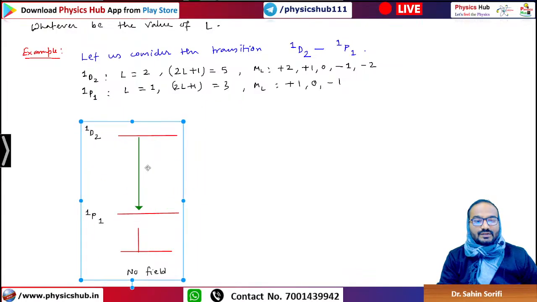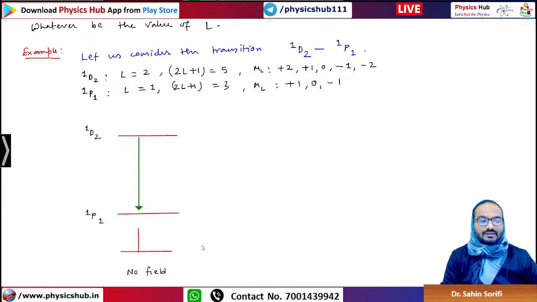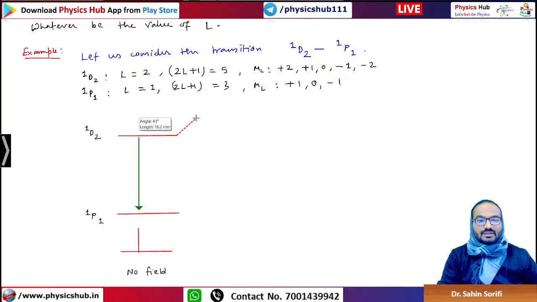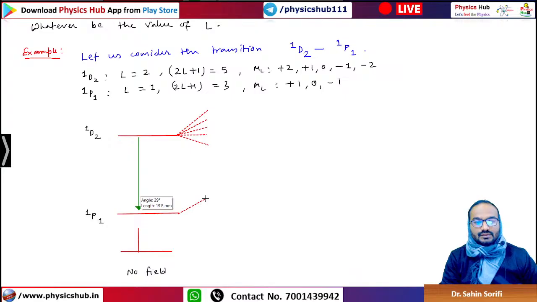So under the no field condition, you can see we will get a single line, and under the application of the magnetic field it will be split into how many components? 1, 2, 3, 4, 5, and 1, 2, 3.